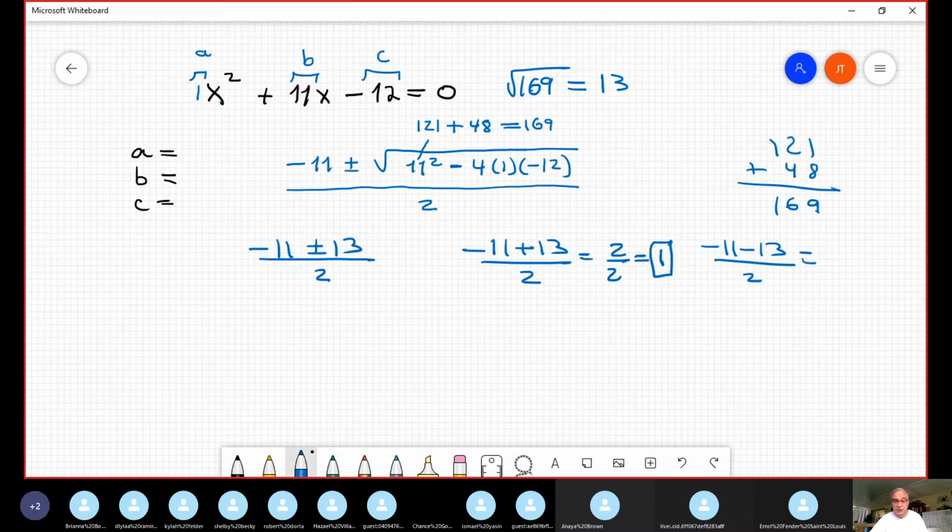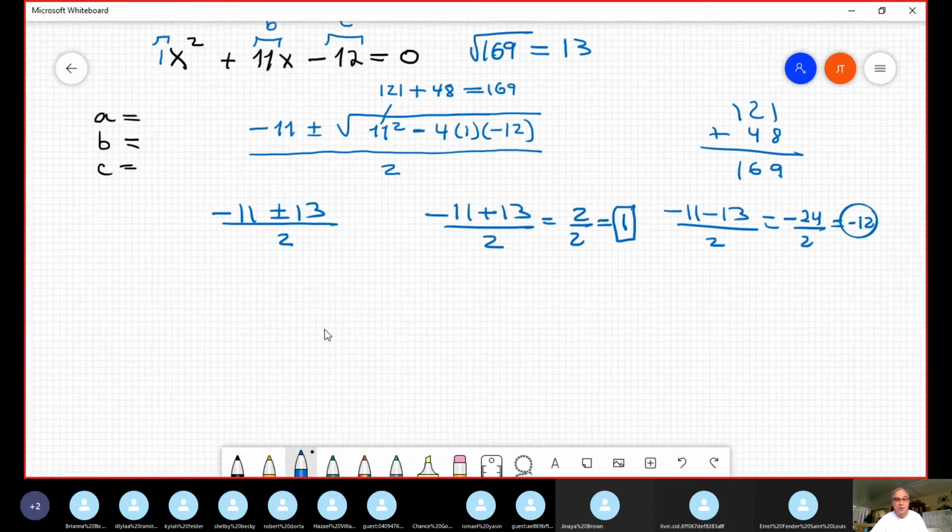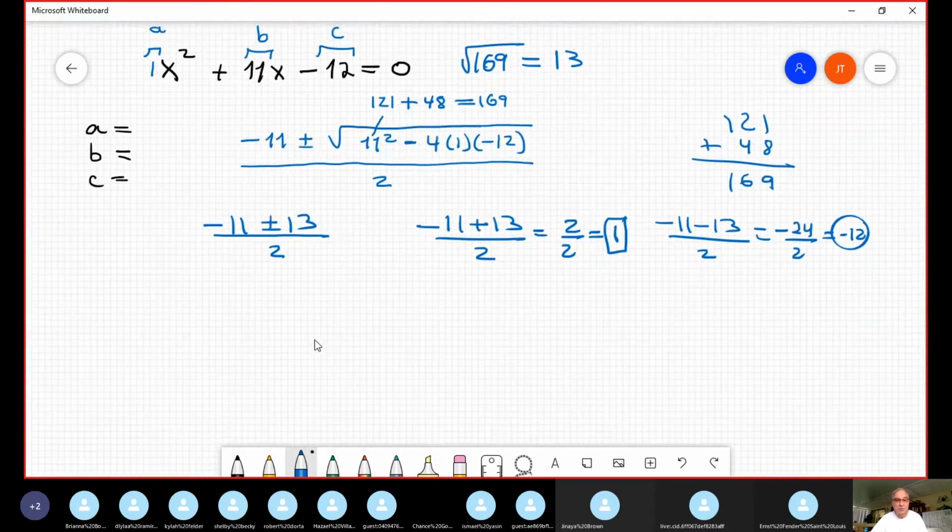And the second solution: 11 and 13 together is 24, but minus 24 divided by 2 is negative 12. Okay, the solution set for this equation is 1 and negative 12.